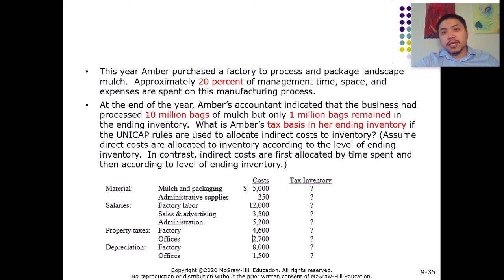They are capitalized into inventory. Direct costs are allocated to inventory according to the level of ending inventory, and indirect costs are first allocated by time spent, then according to the level of ending inventory.